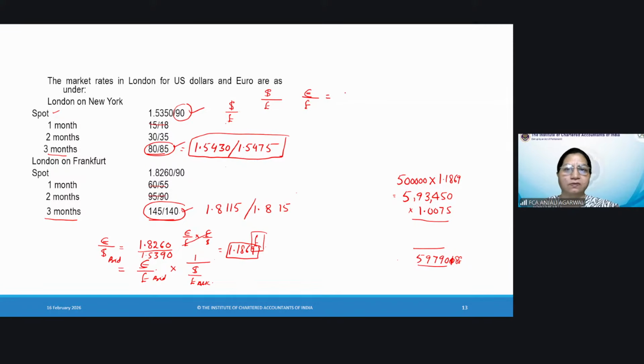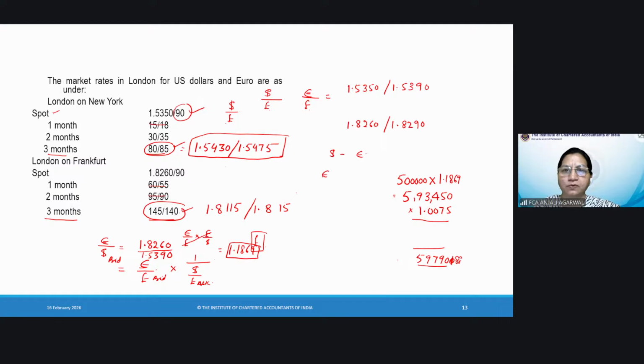So dollar by pound is 1.5350 oblique 1.5390 and euro by pound is 1.8260 oblique 1.8290. Now you need to first convert your dollars into euros.